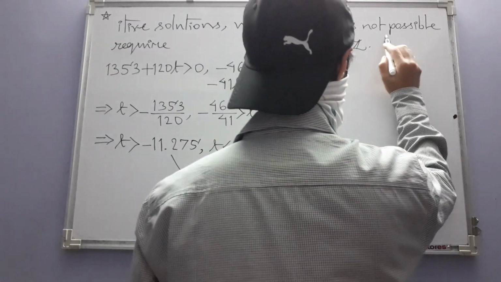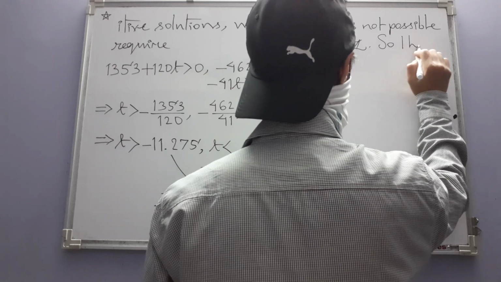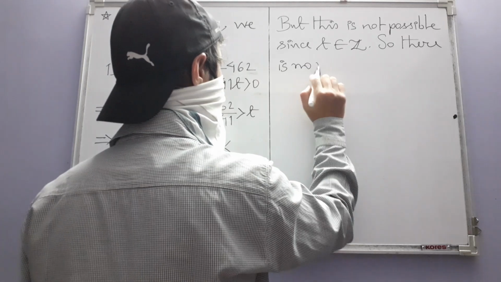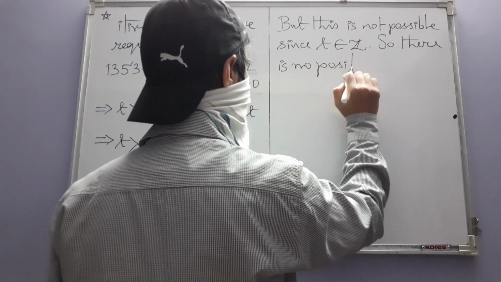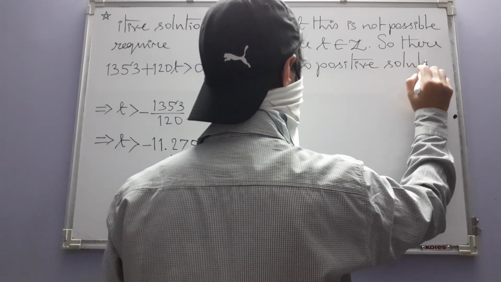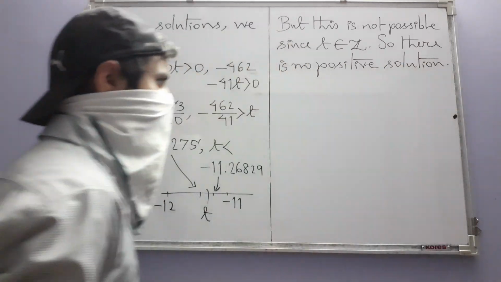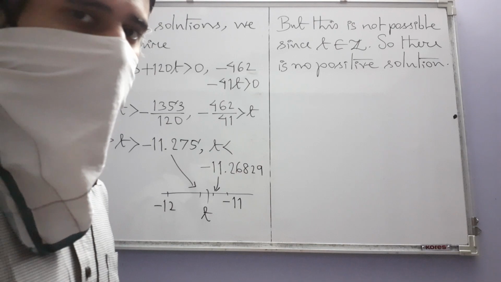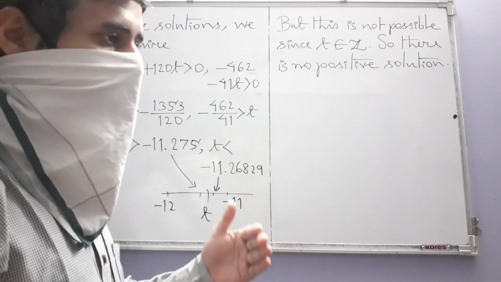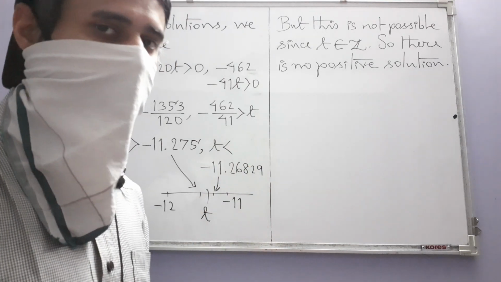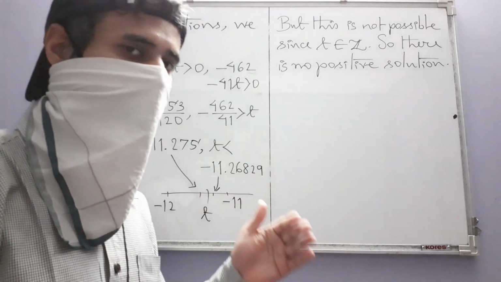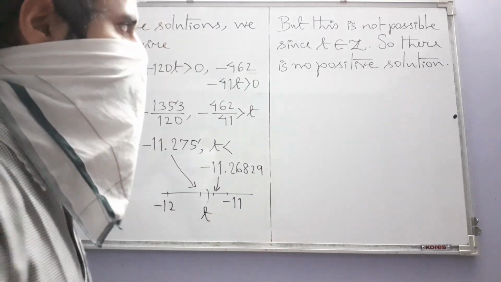So the consequence is this: there is no positive solution. That means among the infinitely many solutions, all of them are such that at least x or y is negative. Both can be negative also, but you won't get any solution where both x and y are positive.